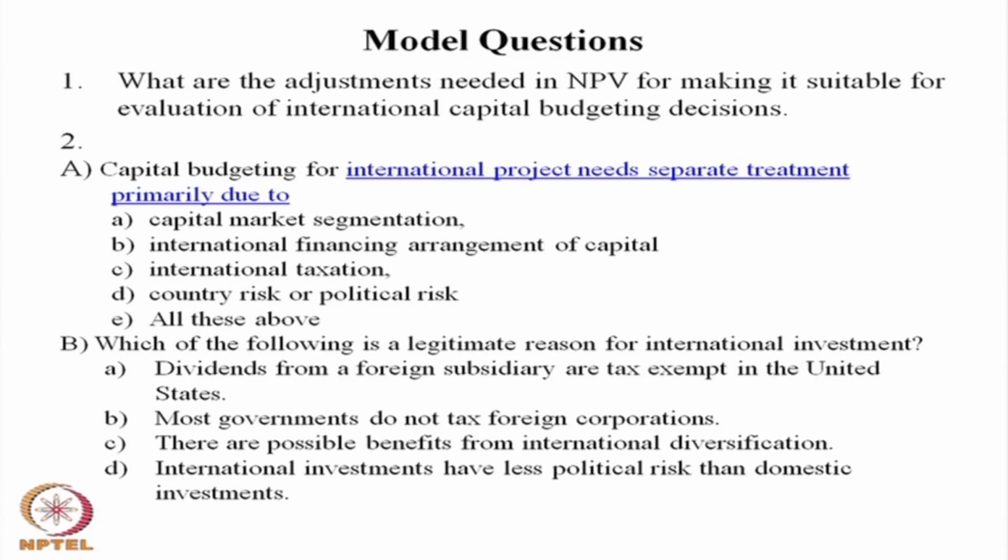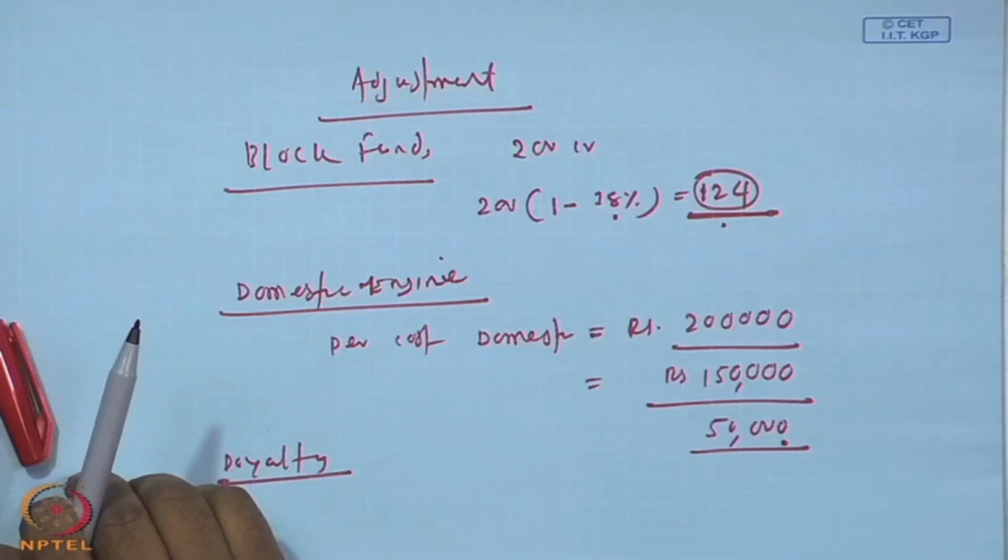Choice D, international investment has less political risk than domestic investment. So, here the answer is B, most governments do not tax foreign corporations, and because of that some kinds of investment opportunities are there for multinational corporations.